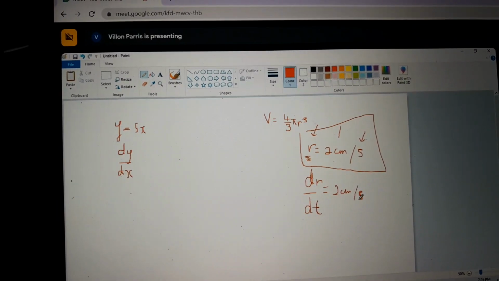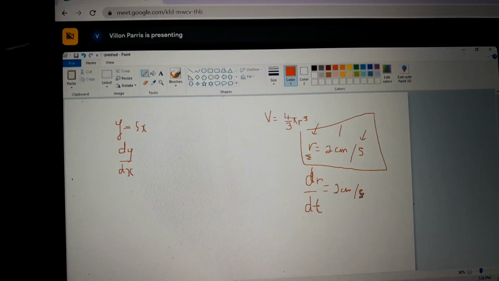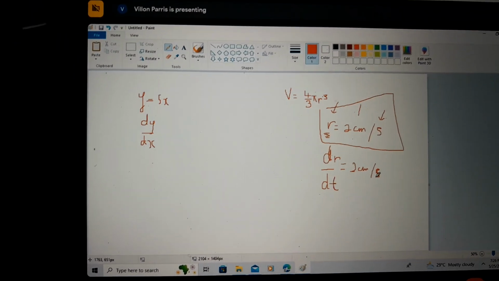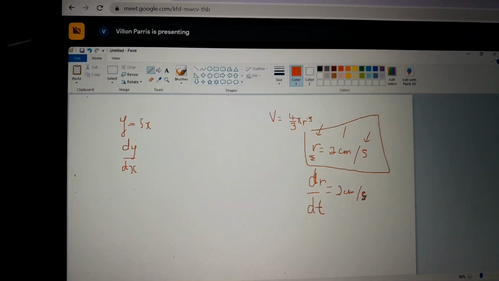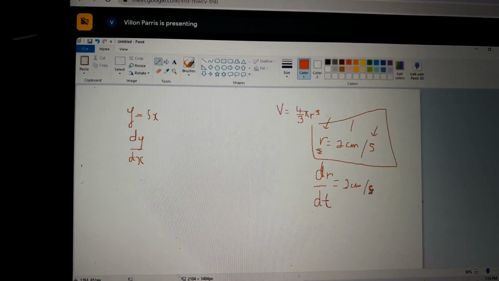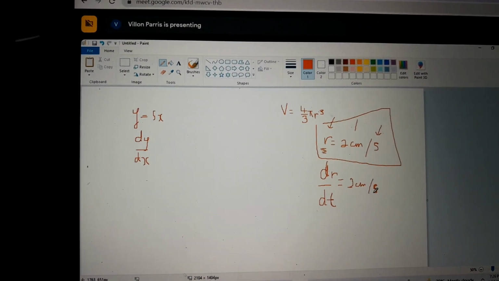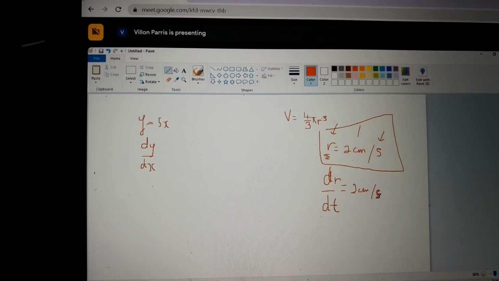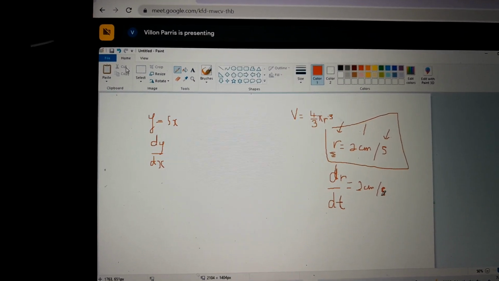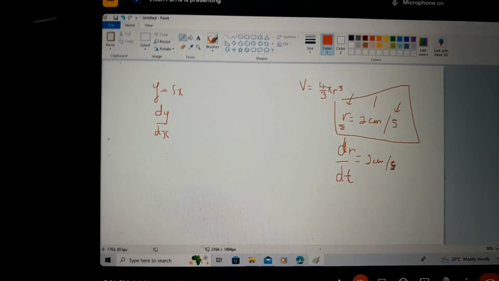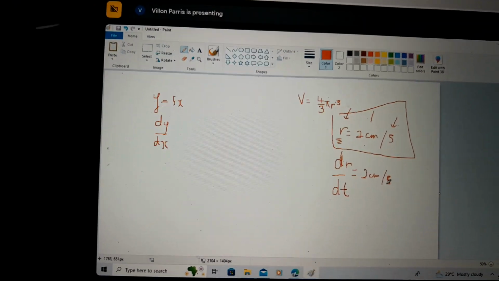Now, what will that centimeter cube per second represent? Is it volume? Is it radius? Is it area? I want you to think about it. They're saying air is being pumped into a balloon at a rate of 54 centimeters cubed per second.